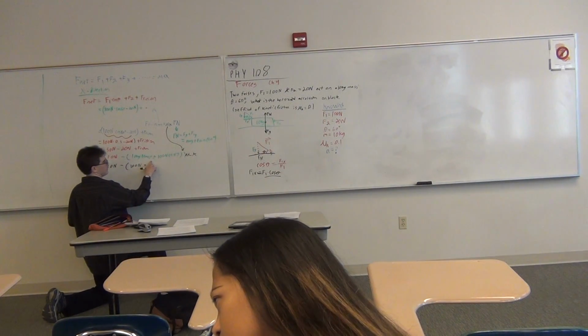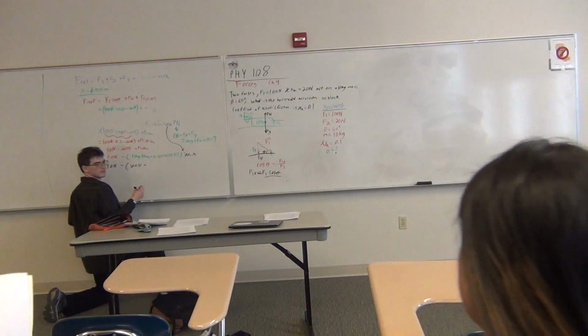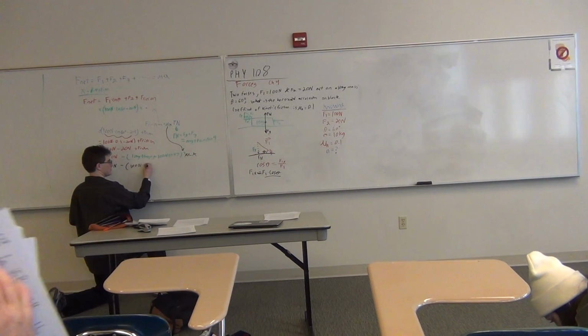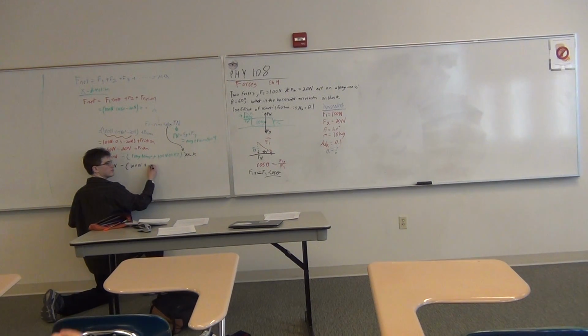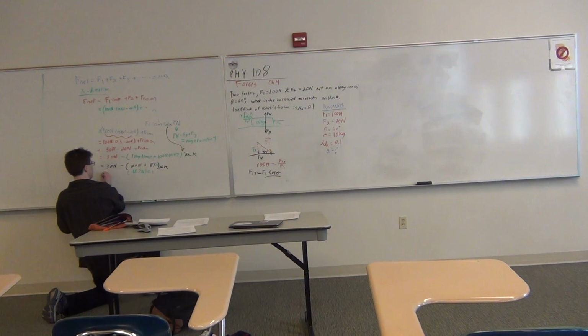Sorry for panicking, you guys. 100 times 0.87 is 87, plus 100. And mu k was how much? 0.1. So 30 newtons minus, what does this become?